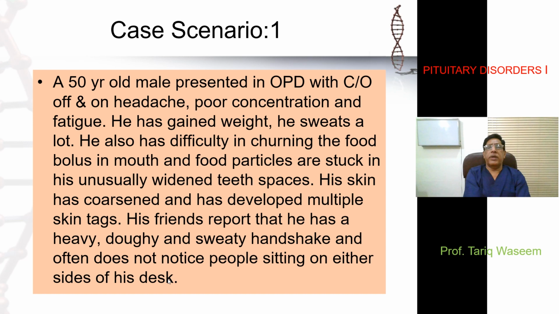So this leads us to think that whatever this person is having, possibly has an anatomical location in the region of the pituitary gland, which might have grown bigger in size and has started pressing onto the adjacent structure, particularly the optic chiasma. And this has resulted in bitemporal hemianopia.